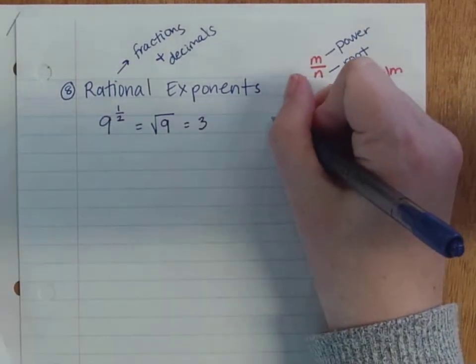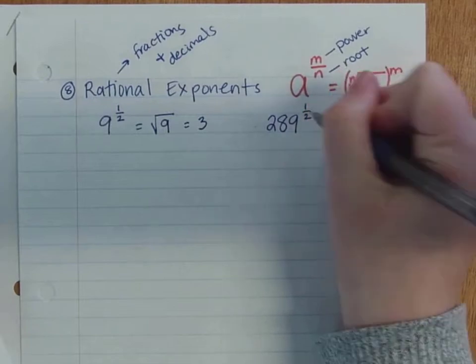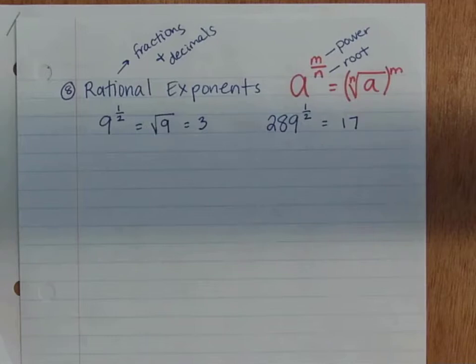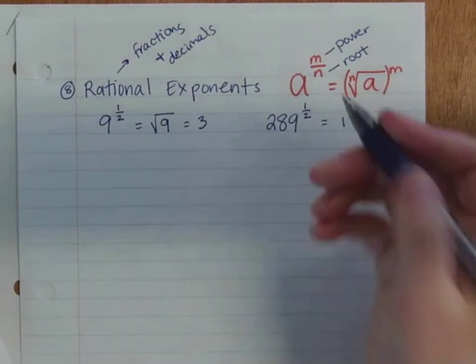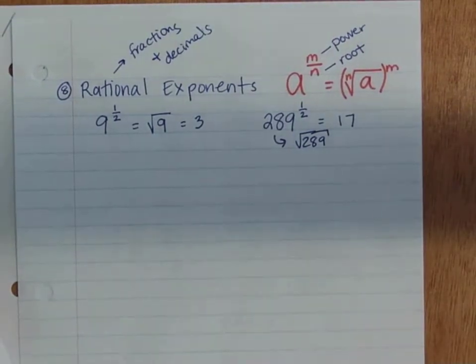So if I said 289 to the 1/2, 17. That equals 17. The power of 1 doesn't do anything, it's just the square root. Exactly. The power of 1 does not do anything. Okay, so this is just the square root of 289, which last week you memorized, and it's 17.